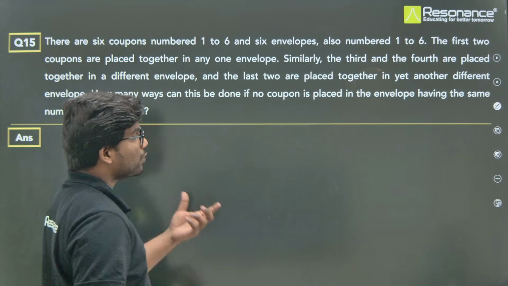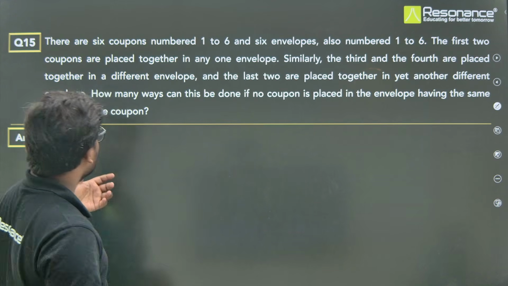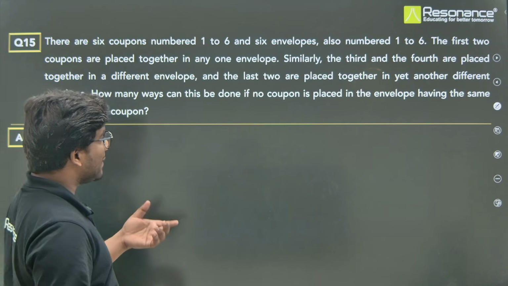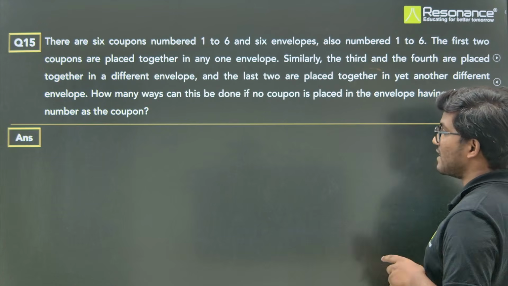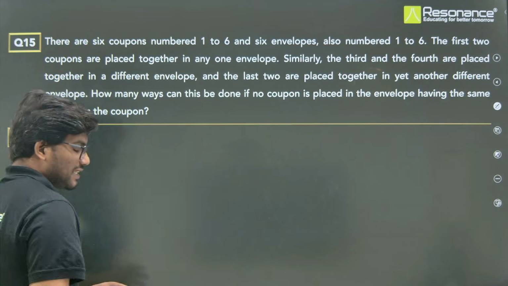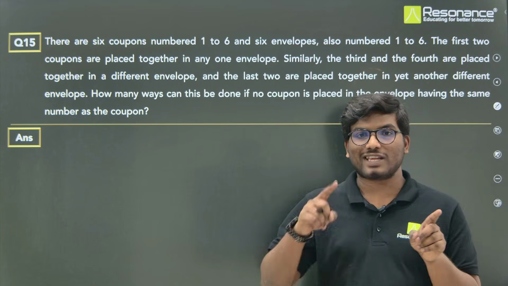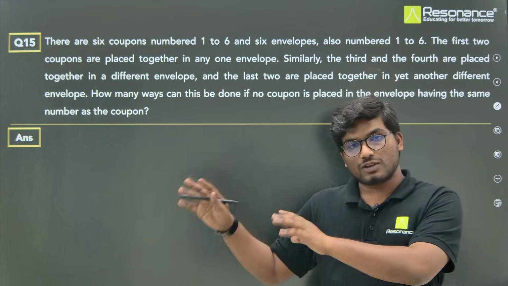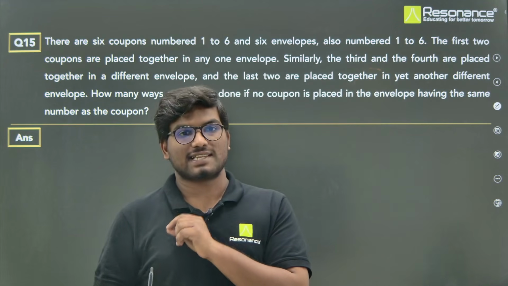And the last 2 are placed together in yet another different envelope. How many ways can this be done if no coupon is placed in the envelope having the same number as the coupon? So to summarize the question for you, we have 6 coupons, numbered 1, 2, 3, 4, 5, 6. We also have 6 envelopes numbered 1, 2, 3, 4, 5, 6 again.